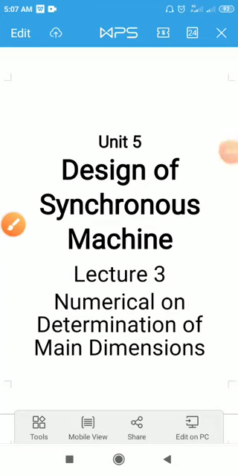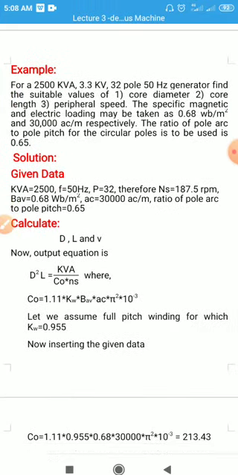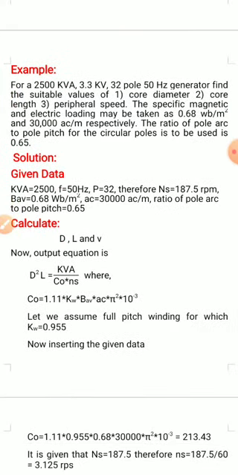In this lecture, we will solve another type of numerical on determination of main dimensions of a synchronous machine. And the numerical is: for a 2500 kVA, 3.3 kV, 32 pole, 50 Hz generator, find the suitable values of core diameter, core length, peripheral speed.